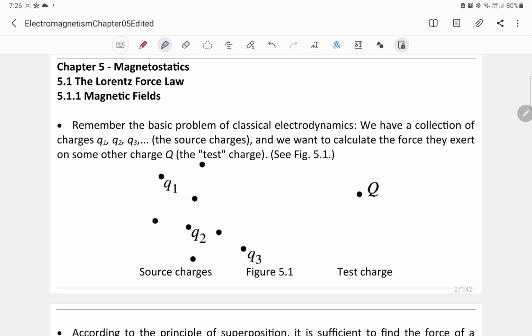As in electrostatics, we have a collection of charges, and we call those source charges. If you want to calculate the force they exert on some other charge Q, for example, here, we look at each charge, calculate the force for each one, and then by superposition we get the total force that is exerted on this one.